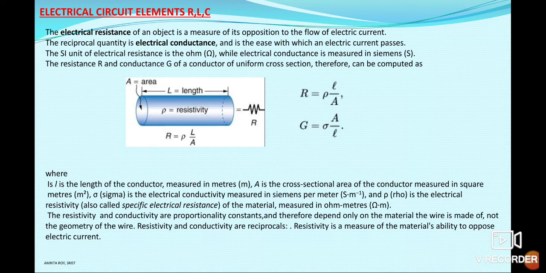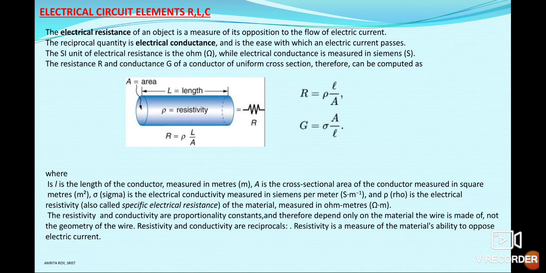Here in the diagram we can see that there is a conductor having length L, area of cross section as capital A, resistivity rho. So the resistance will be represented as R equals rho into L by A. The resistance of a given object basically depends primarily on two factors: what material it is made of and its shape.